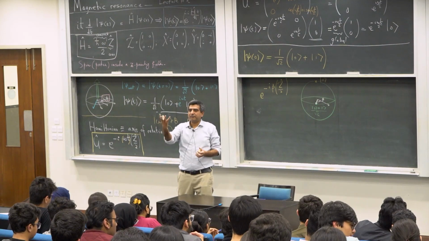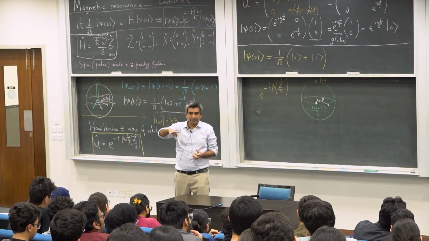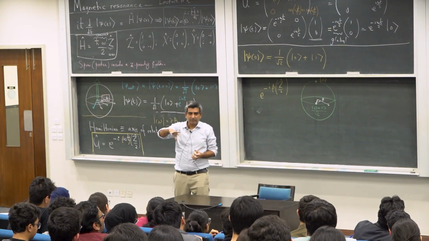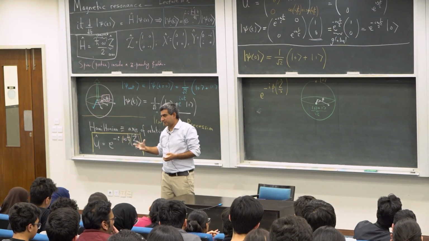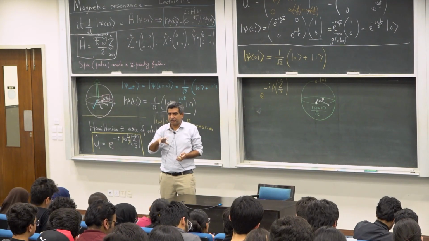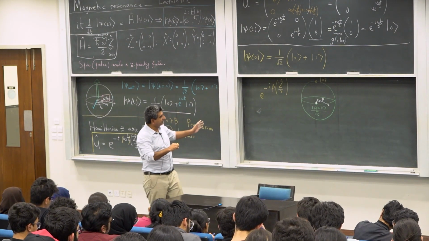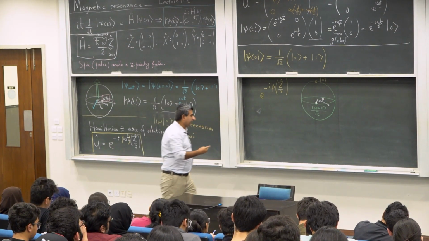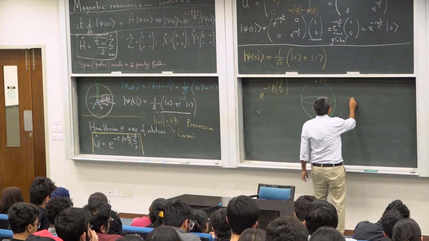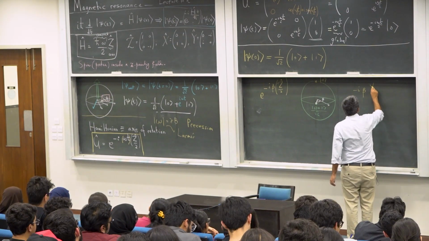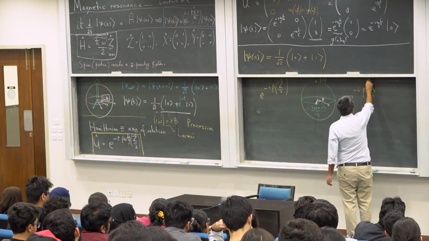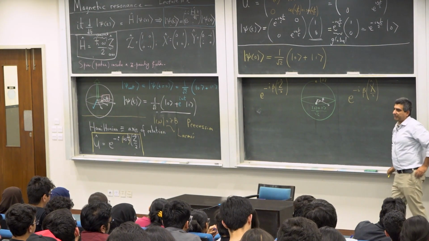We started off from the time dependent Schrodinger equation. We looked at the evolution of states, then we introduced the Bloch picture, and then we introduced this notion of precession. If I were to define e raised to the power minus i beta X over 2, what would this mean?